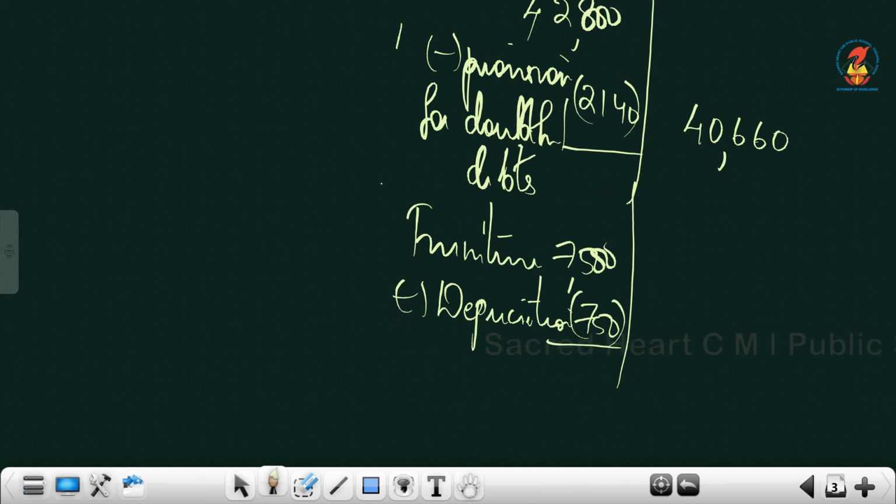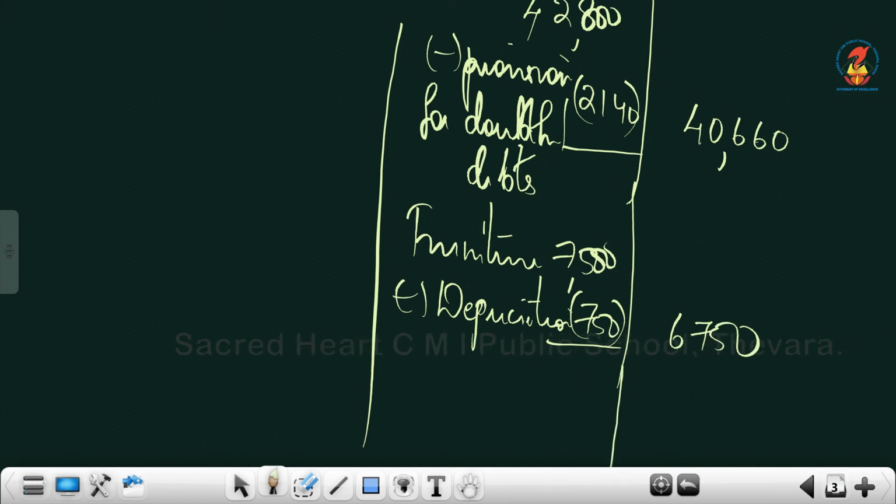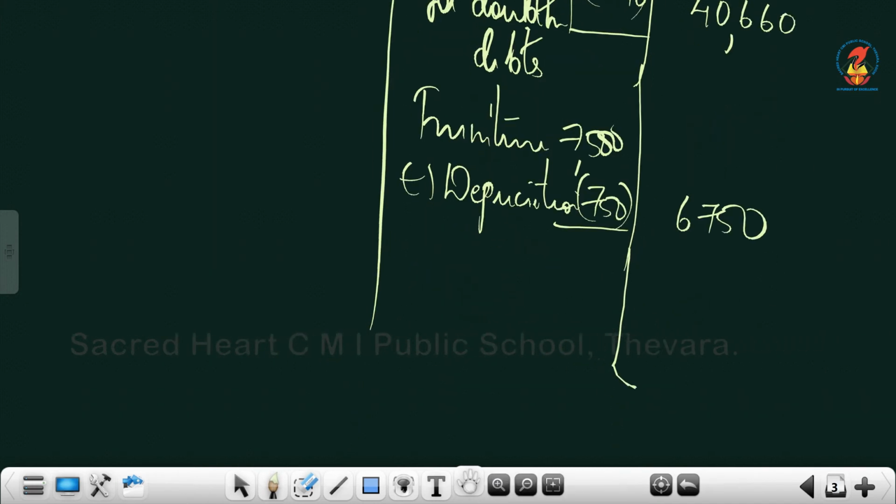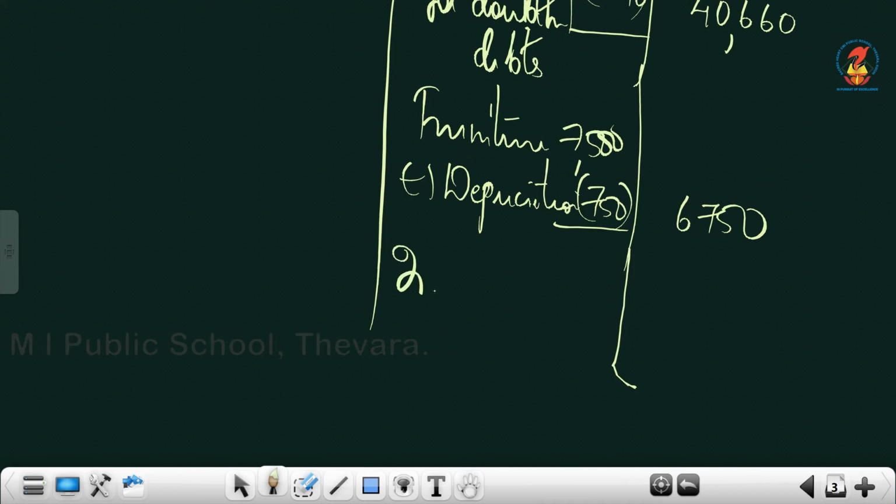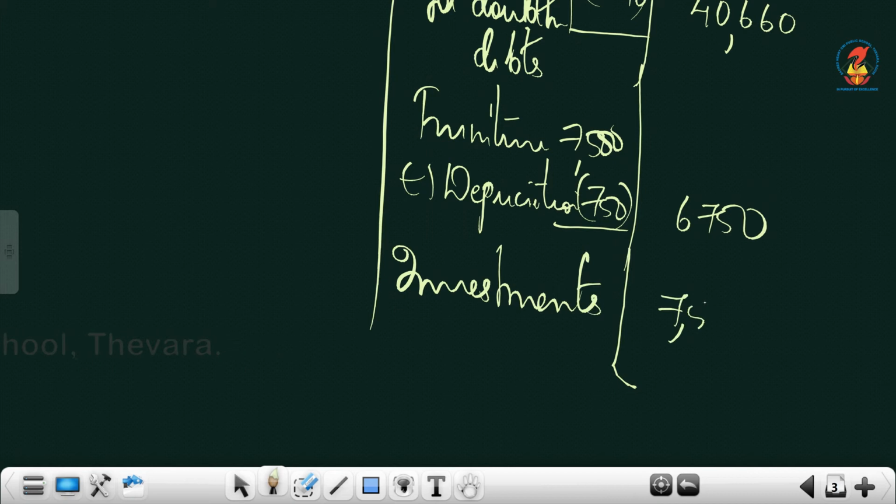That's a calculation. The next one is investments, that is 7,500, the same. Then we have cash in hand for rupees 600, the closing figure.